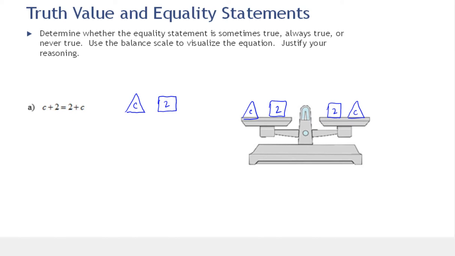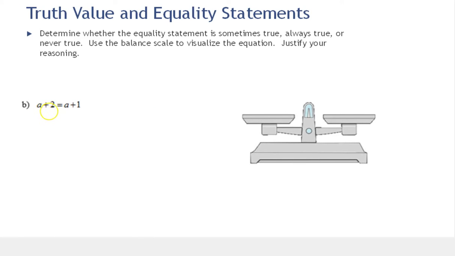And now the question is, is this scale balanced? And I hope you agree that it is. Okay, it doesn't matter where we put the C or the 2. We have the same weight on both sides of the scale. So this equation is always true. Let's look at the next one.